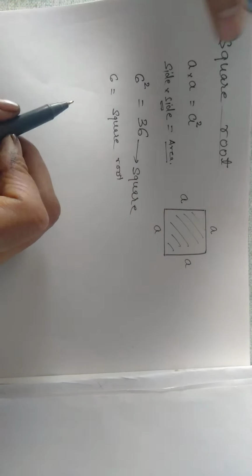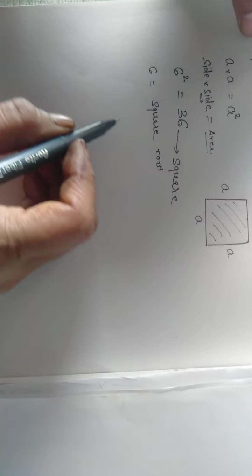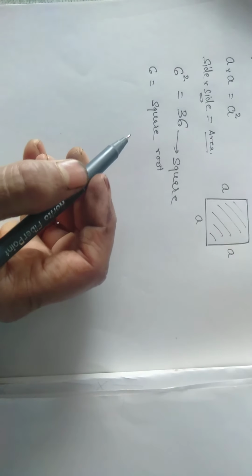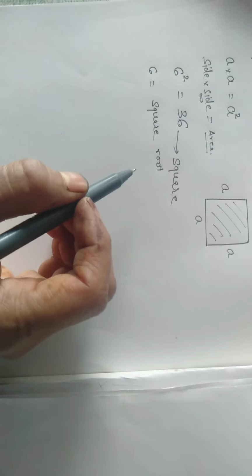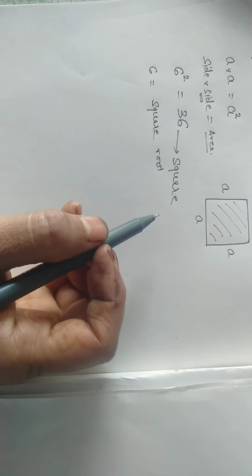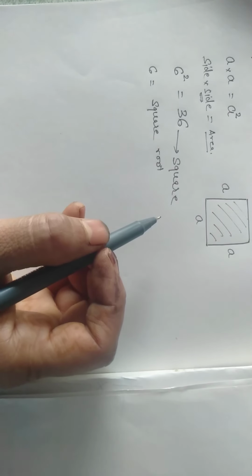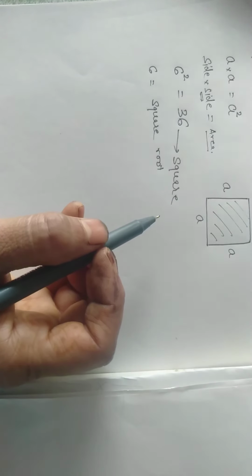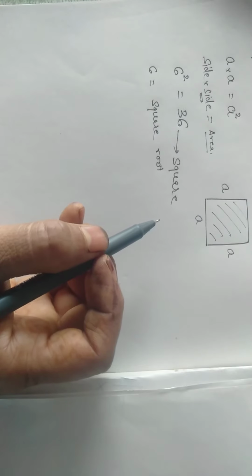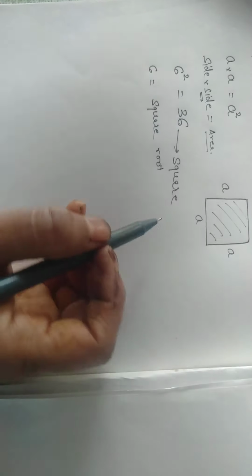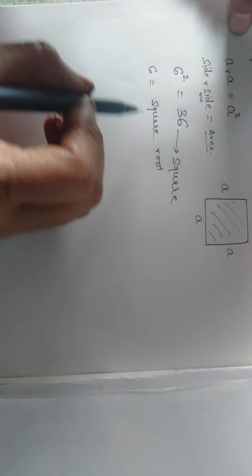The method to find the square root is also given. We can find it by different methods. Before that, I would like to explain the symbol of the square root.